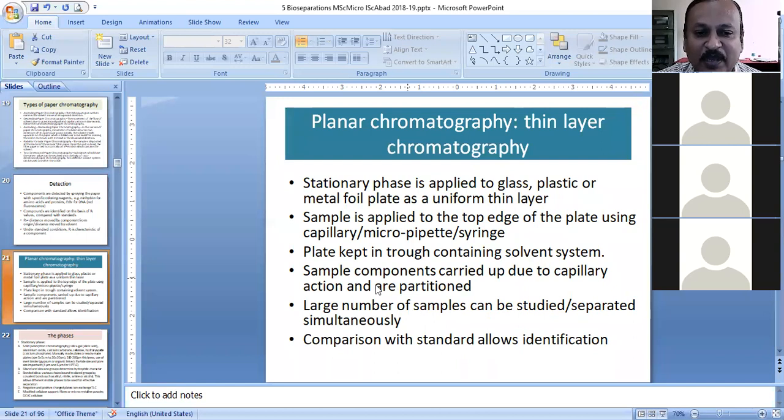As I told you earlier, the solvent system could be a single solvent, or it could be a mixture of different solvents. And we use a mixture in order to adjust what is called the polarity of the solvent system. The sample components are then carried over the surface of the stationary phase by capillary action, and get partitioned between the mobile phase and the stationary phase.